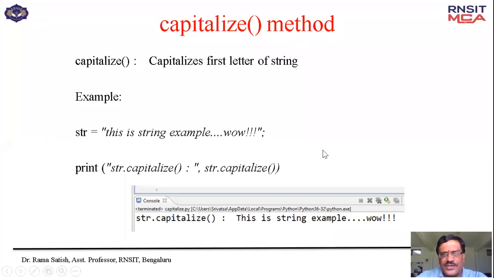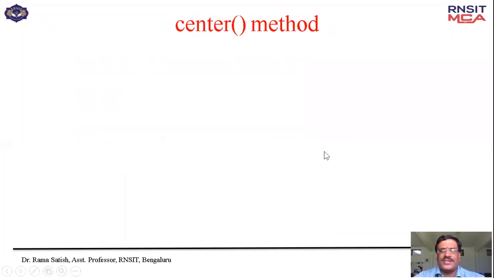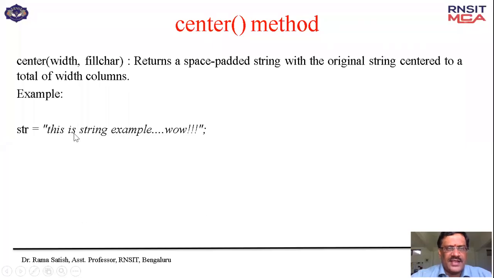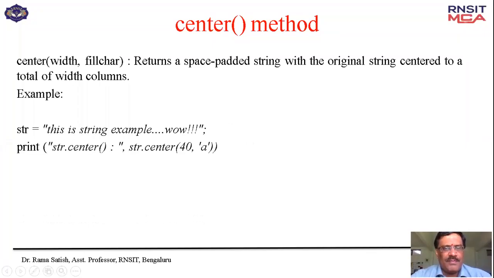Now, next function, the center function. The center function returns a space-padded string. So you have a center method, you have a width, and you have a fill character. For example, I write "this is a string example". I want to center this for 40 characters.